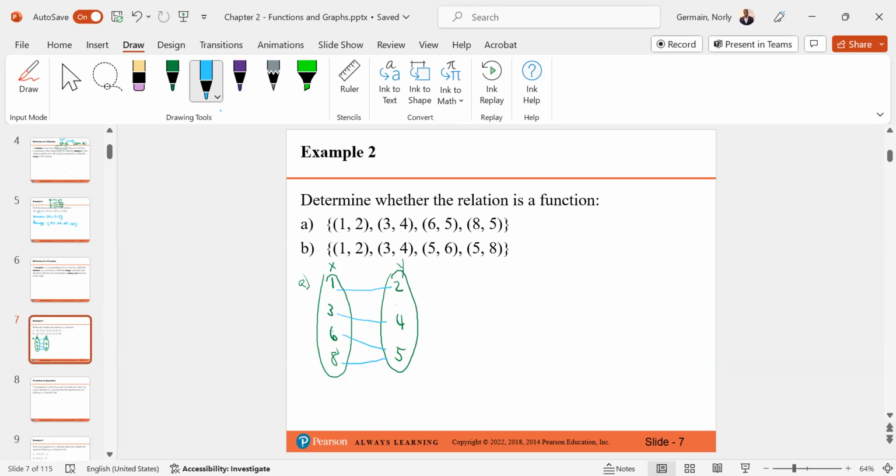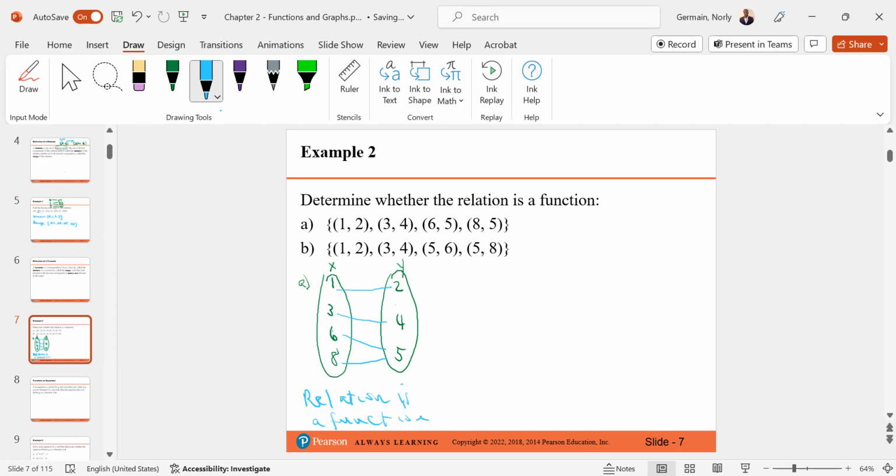So because no ordered pairs in the given relation have the same first component and different second component, this relation is a function.